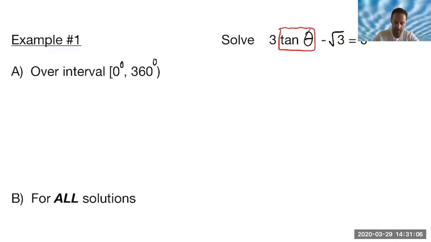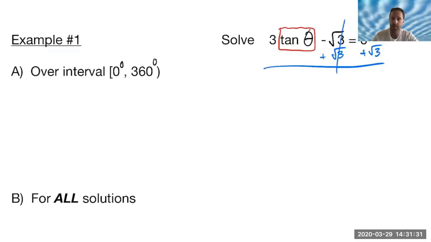And so our first step is going to be obviously to undo everything that's been done to it, starting the furthest away. Reverse order of operations, if you will. So if I was to plug in something for theta, I would evaluate tangent, then multiply it by 3, then subtract the root 3. So I'm going to go in reverse order, also known as the inverse, by adding the square root of 3 to both sides.